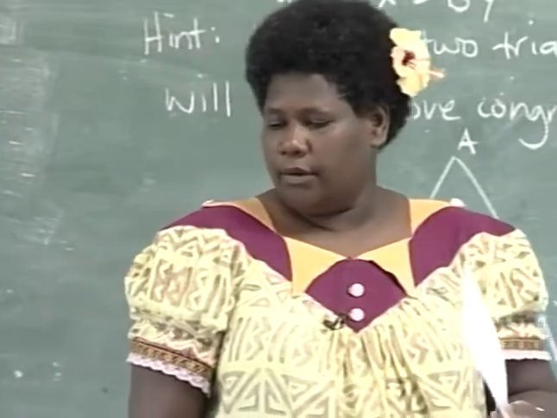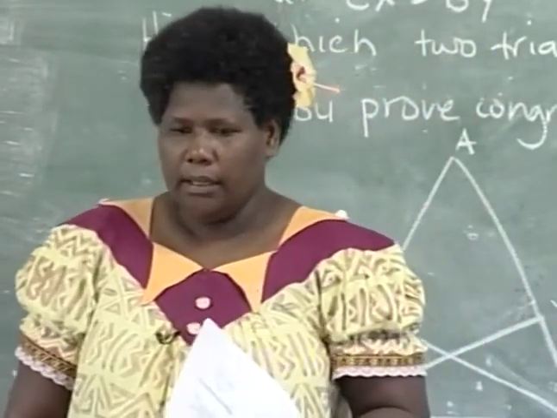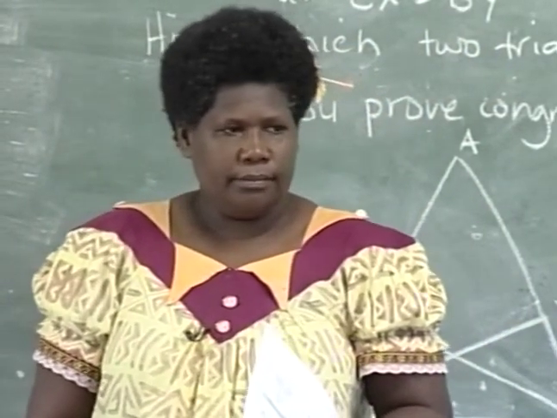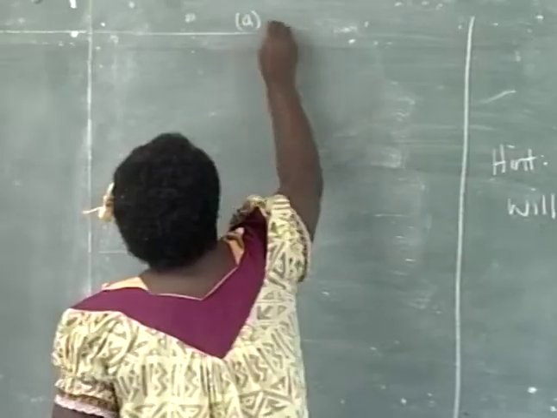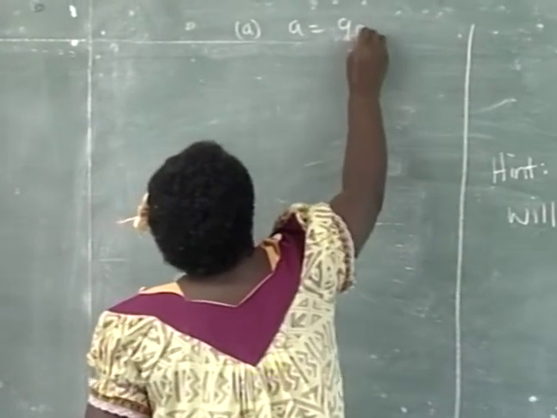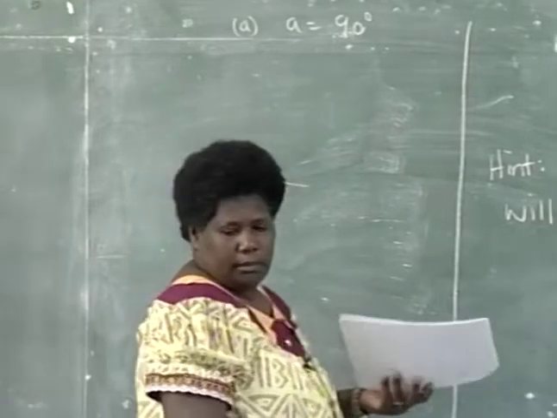All right, for 1A. Geno? Find the missing angle and state what type of triangle A is. A is equal to 90 degrees. And what type of triangle?